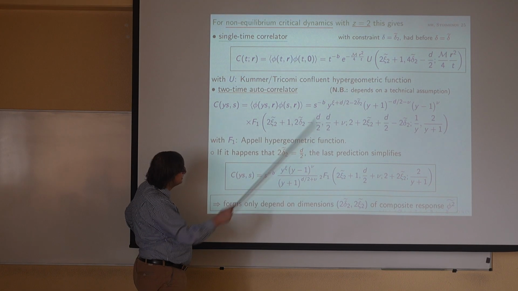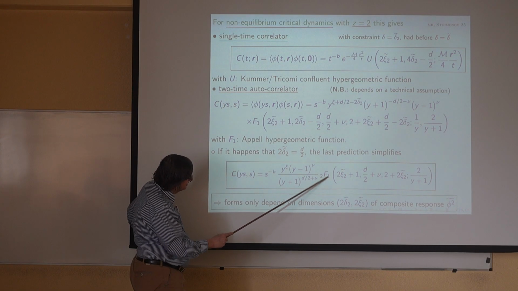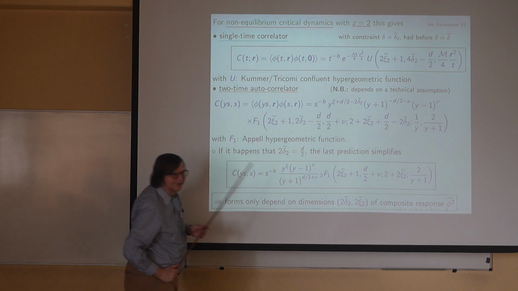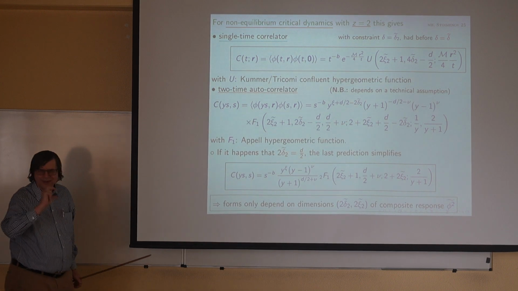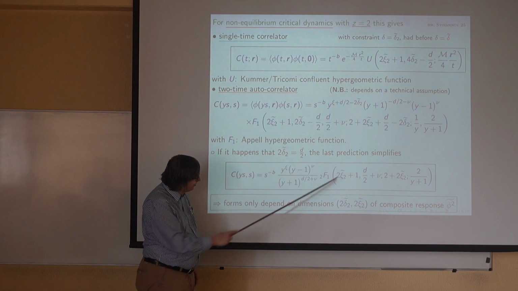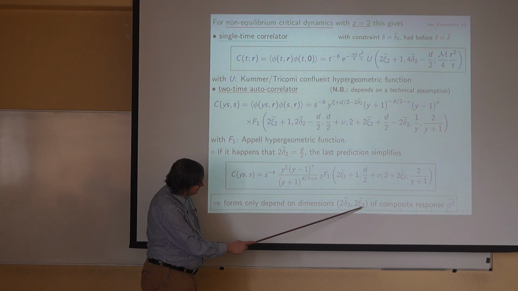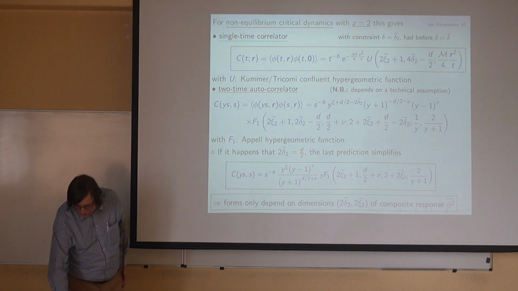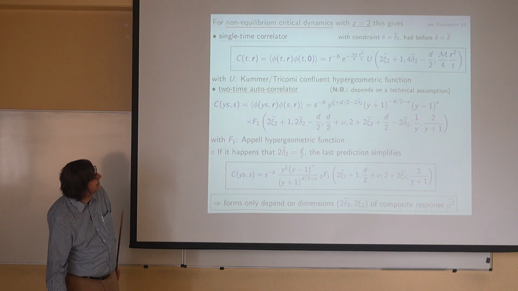If that happens, this form simplifies to this one here, and you recognize the Gauss hypergeometric functions and you get certain parameters. And that also should remind something of what we've seen before. So, the form of the scaling function will only depend on these 2 non-equilibrium critical exponents.